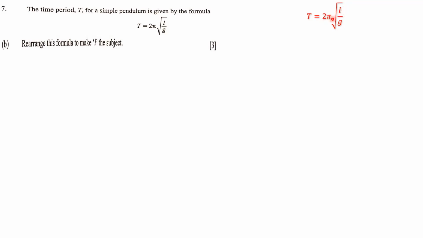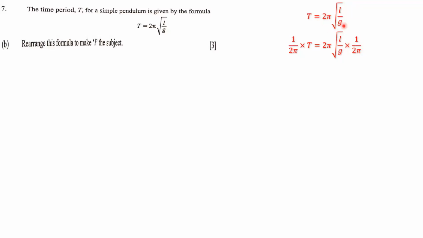2 pi multiplied by the square root of L over G. Our goal is to isolate L, make L all by itself. So what we're going to do is, notice carefully, this is very important. We have 2 pi on the right-hand side. So what we're going to do is multiply both sides of the equation by 1 over 2 pi.